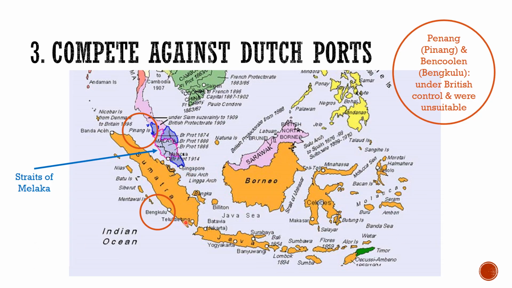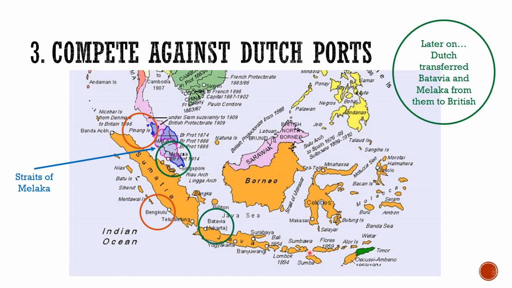Then if you go to the next slide, I added on these two parts. So Penang and Bencoolen are here, but later on the Dutch transferred Batavia and Malacca, Batavia, Jakarta here, and then Malacca is here, and gave them to the British. If I compare the green to the orange, again, you see, it is so much better.